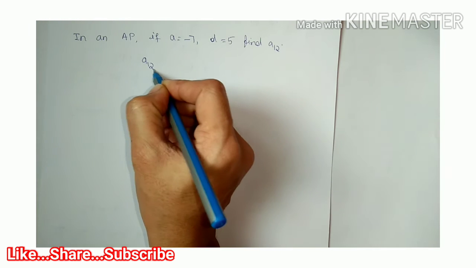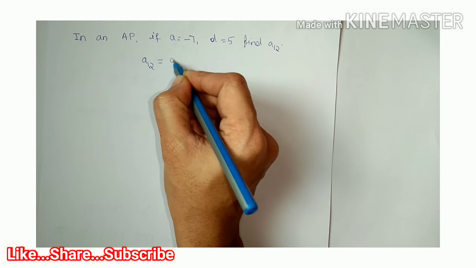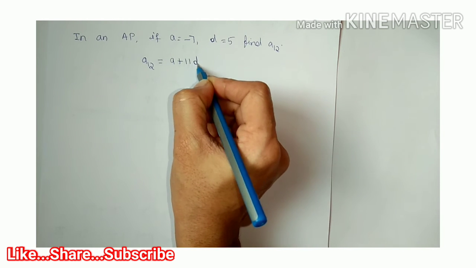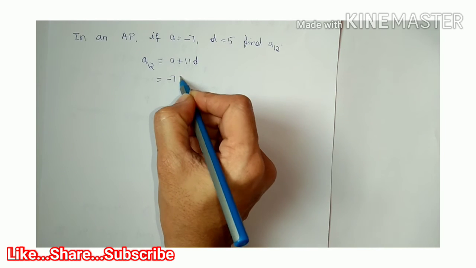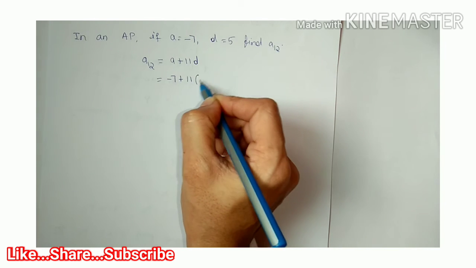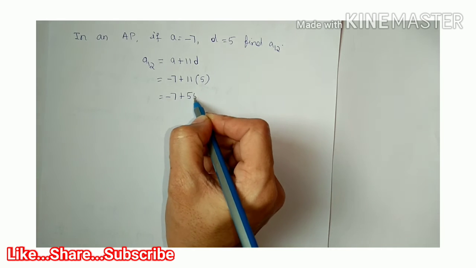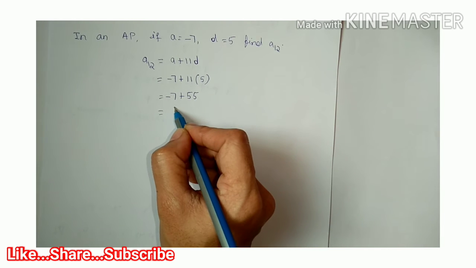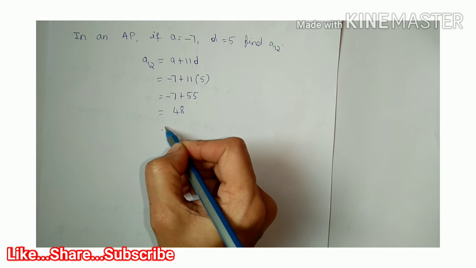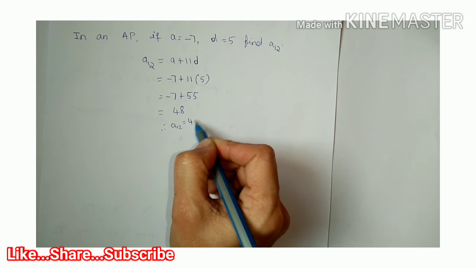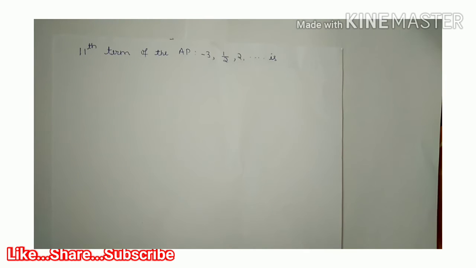Therefore a12 is a plus 12 minus 1 into d, a plus 11d. a is minus 7, the first term, plus 11 into d, which is 5. Minus 7 plus 55 is 48. Therefore a12 is 48.